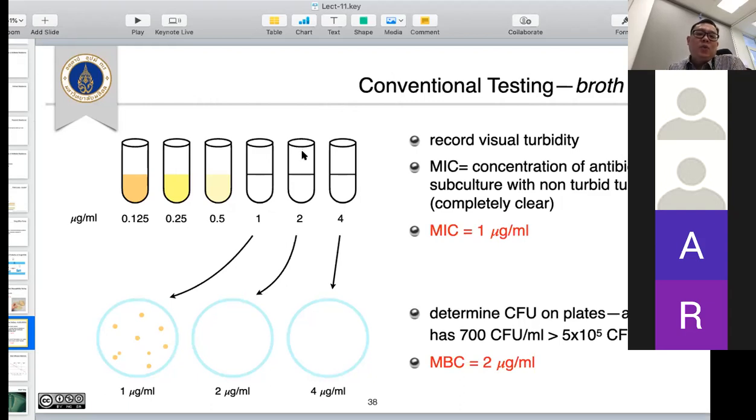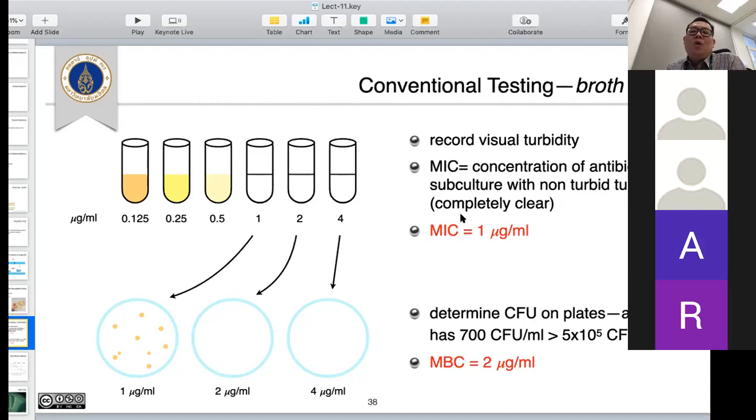Half dilution is 2 and 1, 0.5, 0.25, 0.125 microgram per ml, okay? And apply the same amount of Staph aureus. For some concentrations of antibiotic, Staph aureus cannot grow.